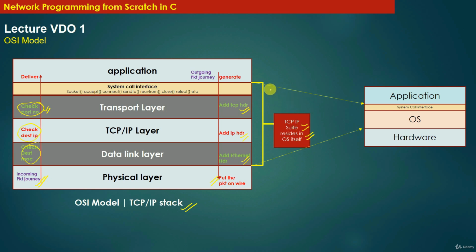So in your operating system, whether it is Linux or Windows, the transport layer, the network layer, and the data link layer, together with the system call interface, are implemented inside the operating system.